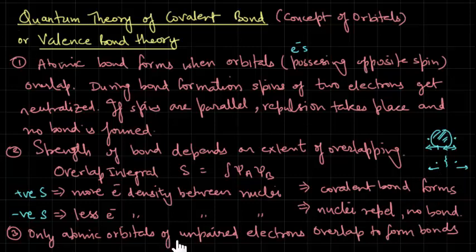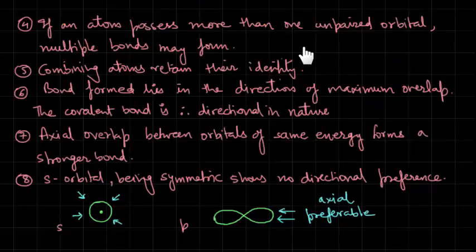Third, only atomic orbitals of unpaired electrons overlap to form bonds. So this we already know. And not just unpaired, they should be of opposite spins. If an atom possesses more than one unpaired orbital, then multiple bonds may form.